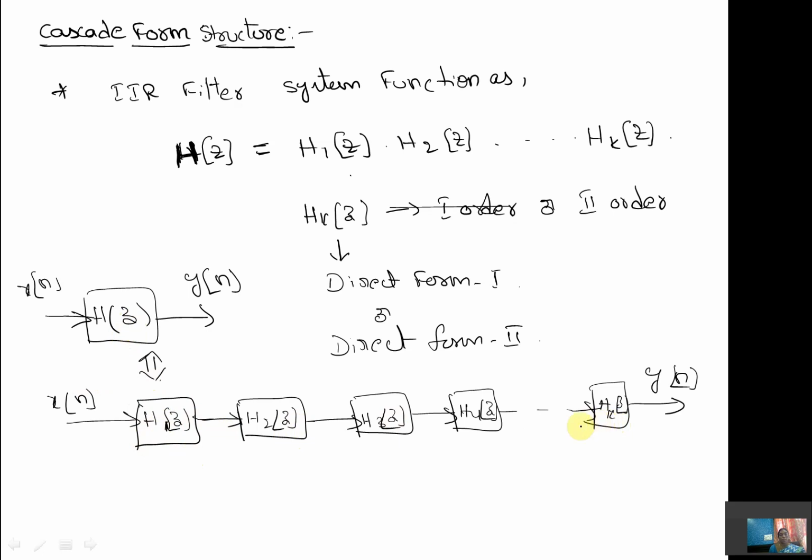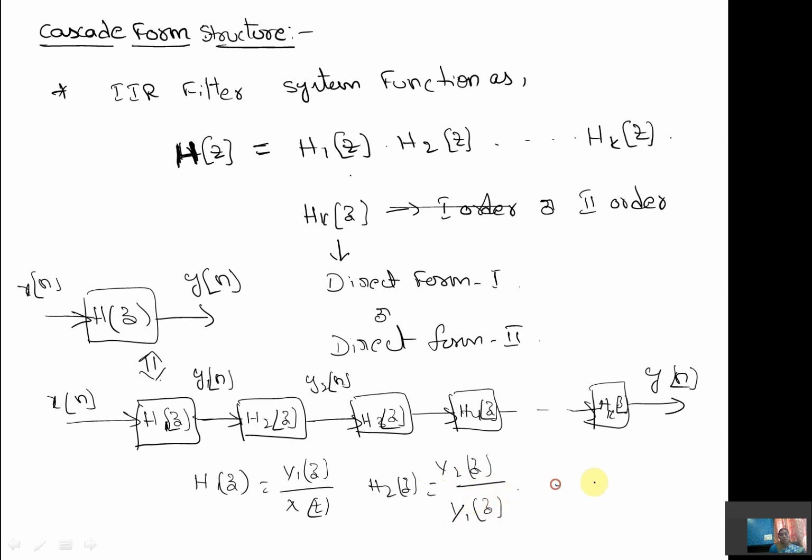It becomes like that. That means here H1(z) output is assume y1(n), H2(z) output is y2(n) and so on like that. So here H1(z) is nothing but Y1(z) by X(z), H2(z) is nothing but Y2(z) divided by Y1(z) and so on.